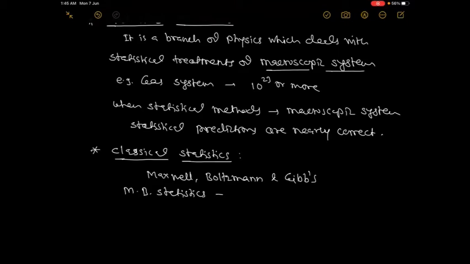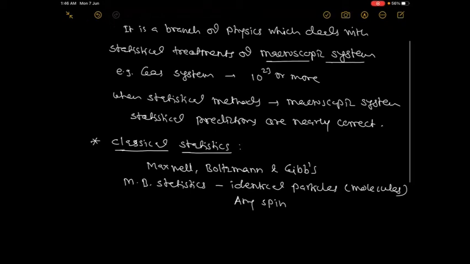Such a statistic is applicable to all identical particles, or we say molecules. They may have any spin. Now, these are the characteristics of the Maxwell-Boltzmann statistic.